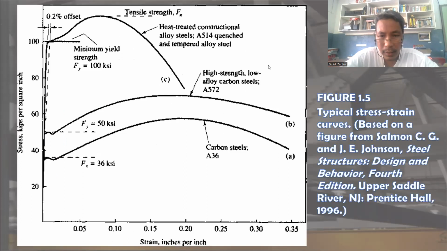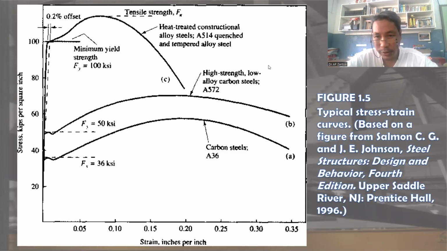What can we learn about this in order to transition us to the application, to problem solving? We need again and again to be reminded of this stress-strain curve.